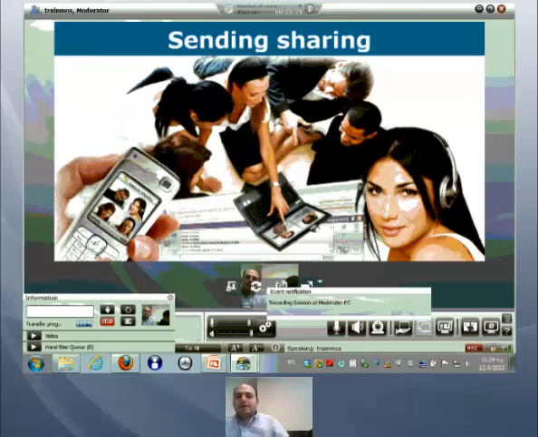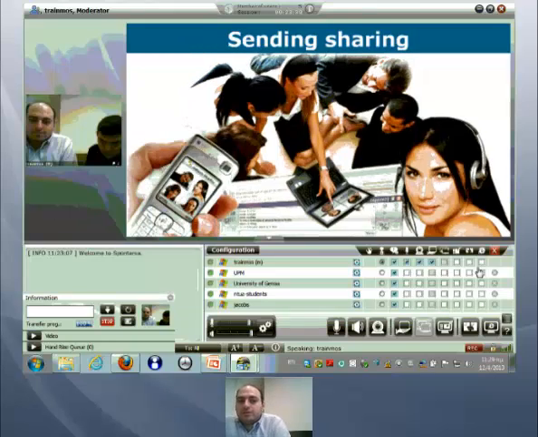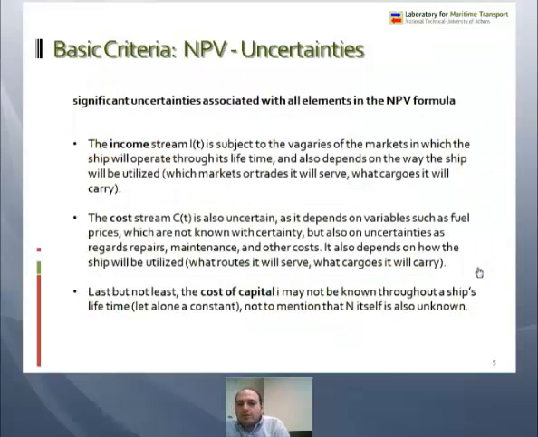Okay, as I've been saying, the NPV criteria is a very significant one. We use it in almost all cases. But there are significant uncertainties associated with these three elements that I presented before in the net present value formula. The first has to do with the income stream, because this has to do with the market in which the ship operates for the entire lifetime of the vessel, which can be, let's say, 20 years.